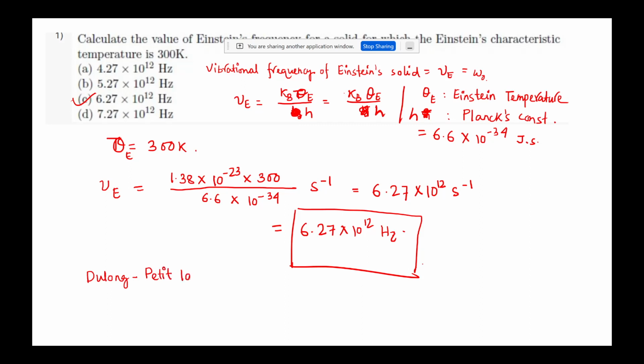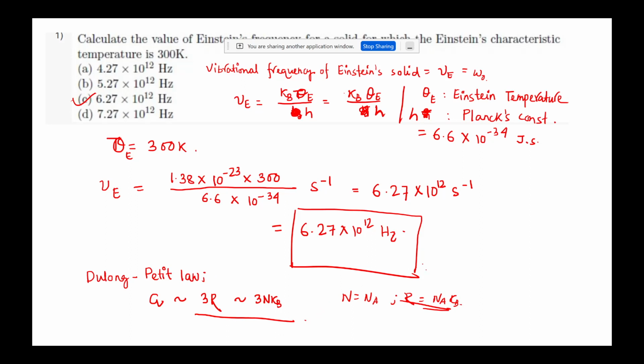In the 19th century they did those experiments on 3 kinds of solids and their arrangements, and they found CV is proportional to 3R, and to be more specific, 3N kB. When N is equal to NA, then R is nothing but NA kB.